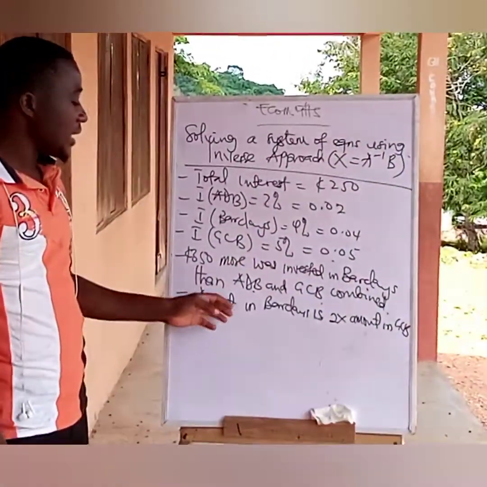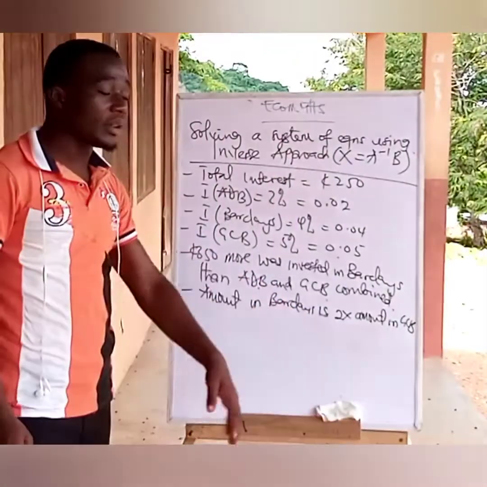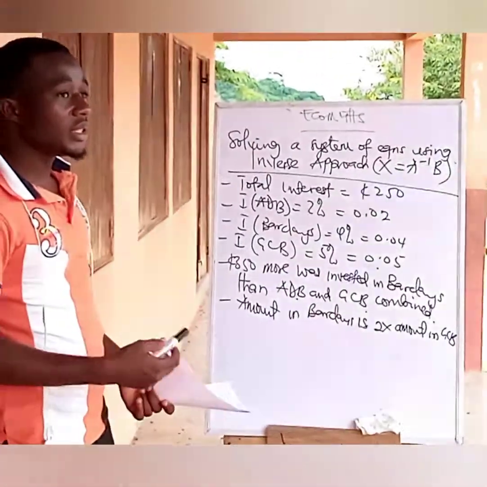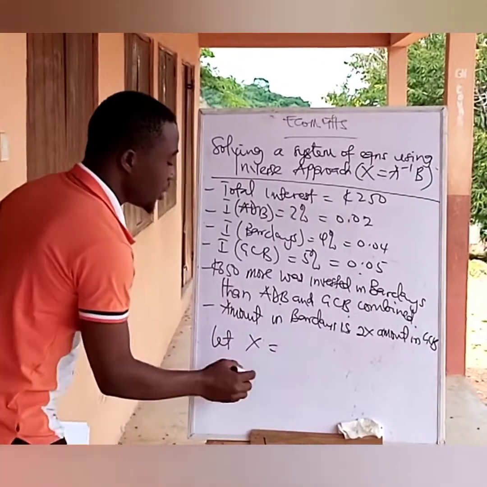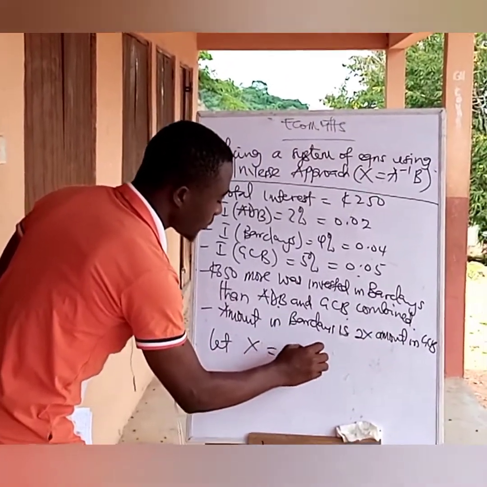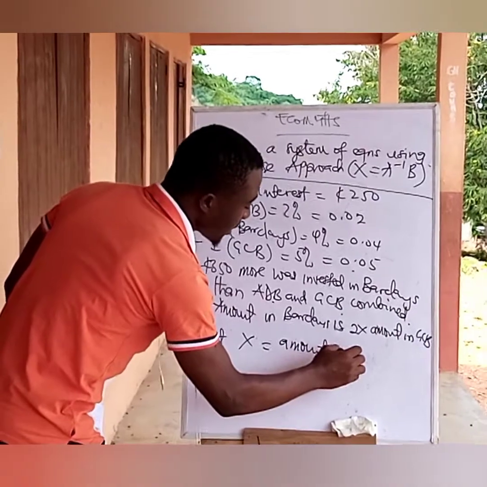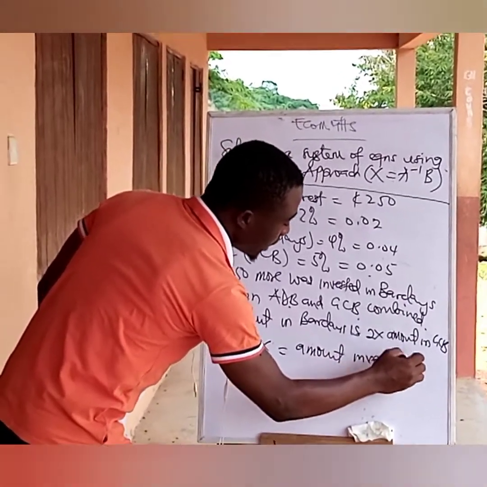The last one says that the amount he invested in Barclays is 2 times the amount he invested in GCB. Okay, so I will let X represent the amount invested in ADB.